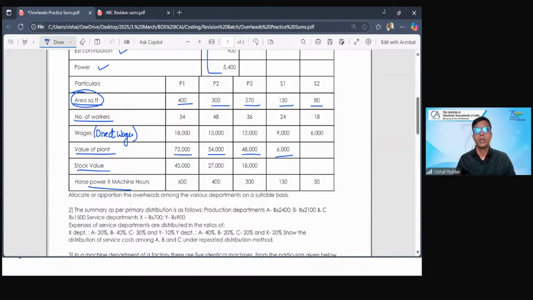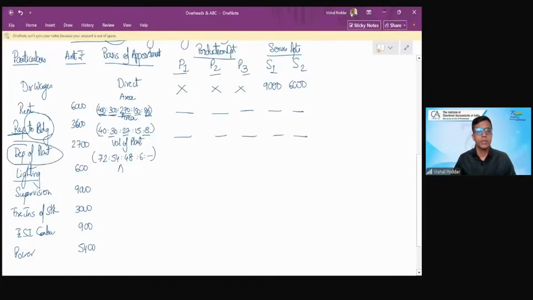Because lighting means general lighting, like tube lights and fans. The bigger the area, the more lights and fans you require. So if nothing specific is given, you have to find out what other general ratio can be used. For lighting or electricity expense, the general base is area and the specific is light points. Here the specific is not given, so I'm using the general one.